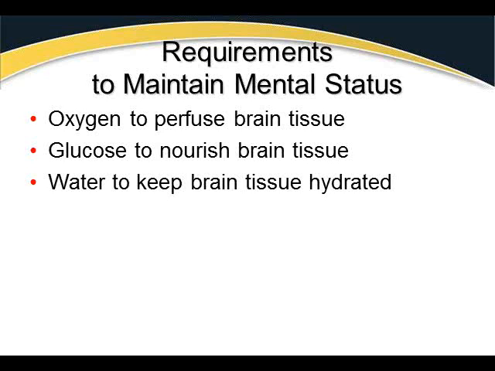The brain itself, when you look at it structurally, is fairly simple. But when you look at it from a physiologic standpoint, obviously it's quite complicated. But it has to have that constant bathing of sugar and oxygen. The oxygen gets there via a number of arteries, particularly the carotid arteries, which feed a significant portion of the brain.